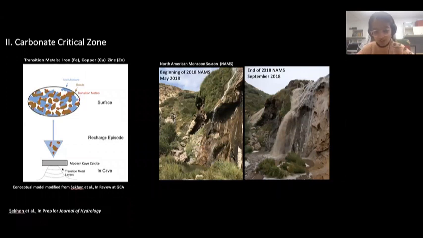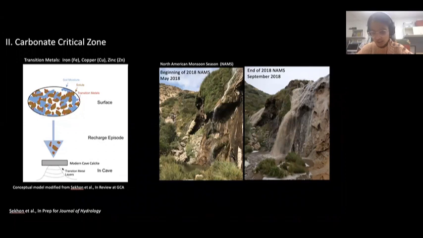So this is a picture taken at the beginning of the North American monsoon, in May 2018. This is the waterfall and the cave sits right below over here, and the waterfall is barely trickling. It's very clear. And then this event over here captures one of the storm events associated with the North American monsoon at the end of the season. The picture was taken in September of 2018, and you see this drastic change in the environment, with the water no longer being clear.